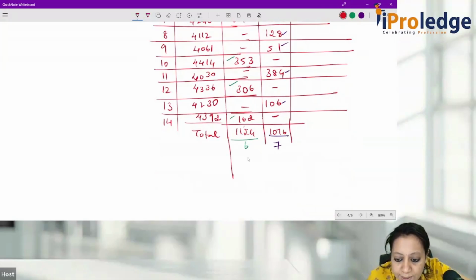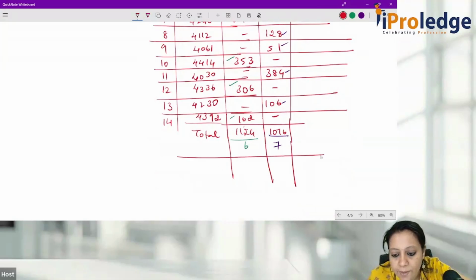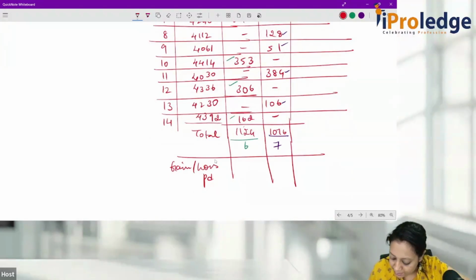So let us do this. Gain per day is 1124 divided by 6, that is 187.33. Loss per day is 1076 divided by 7, that is 153.71.